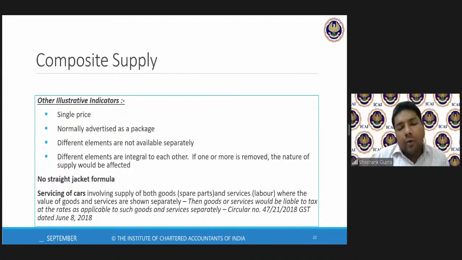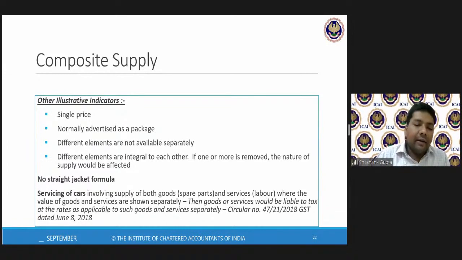Now a question arose whether this individual billing, individual invoicing, and individual tax application would be acceptable to the department.